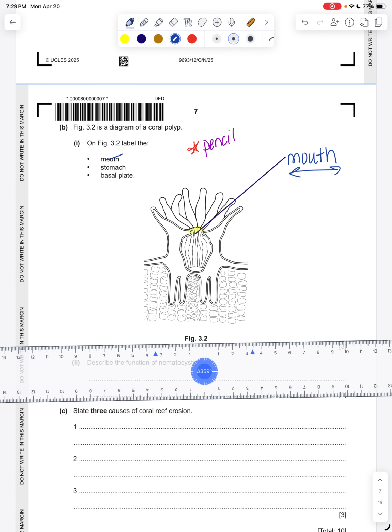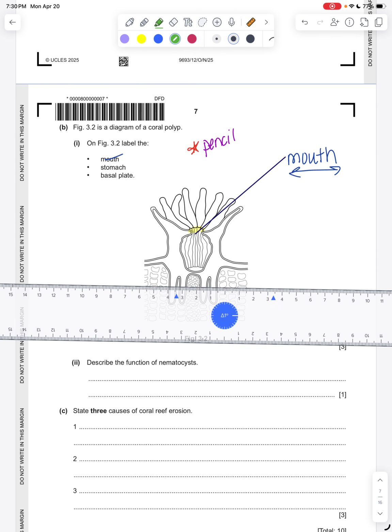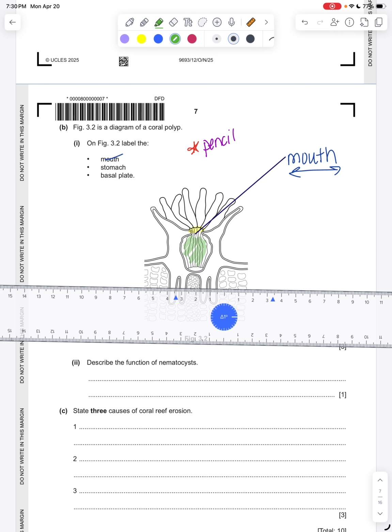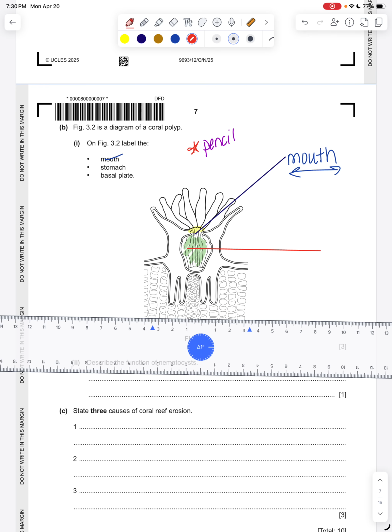Stomach. I think you know where I'm going with the stomach. Stomach's in here. Stomach has gastrointestinal fluids or gastric fluids or digestive fluids to break down food. And then the basal plate.